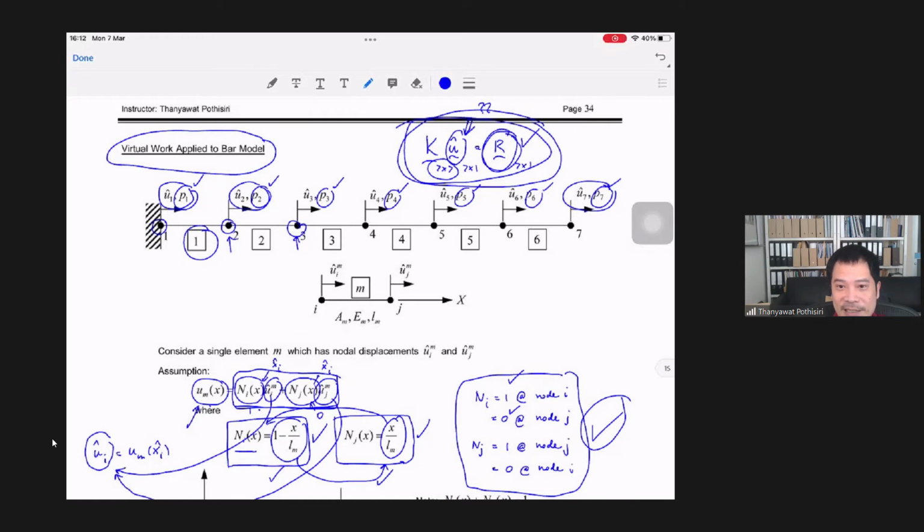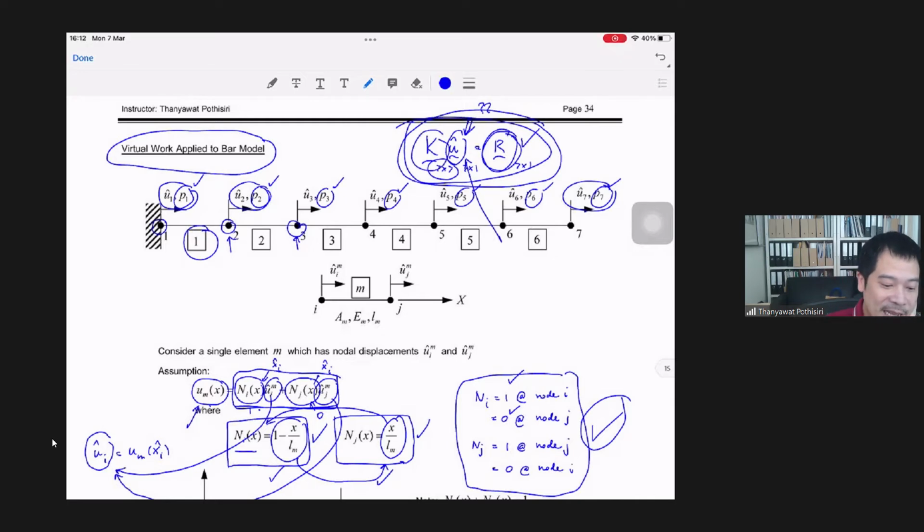But the answer is different from what Parinya understands, because if you try to solve this equation, you would find out that there would be an infinite number of solutions for your u hat. Why is that?